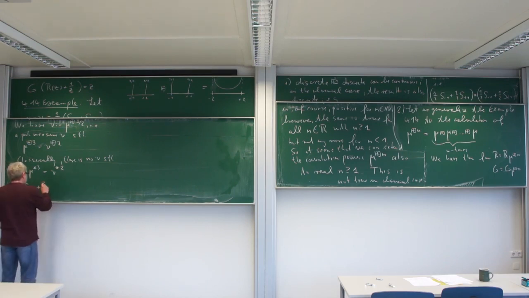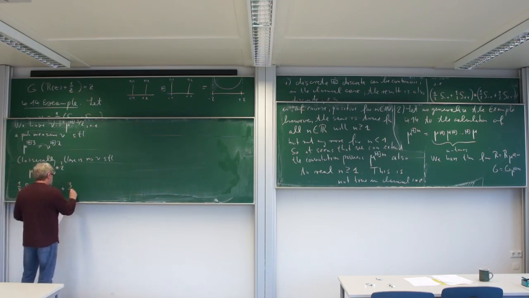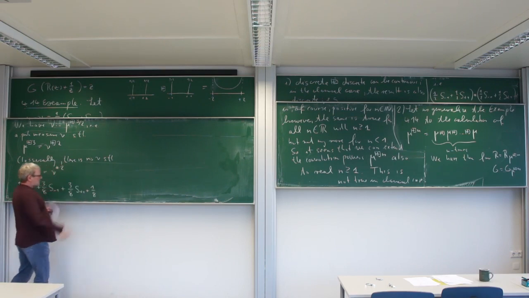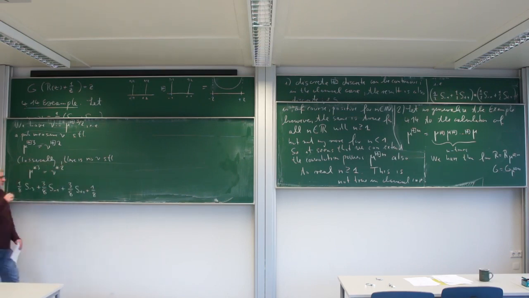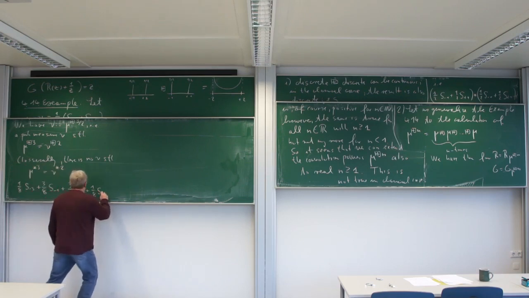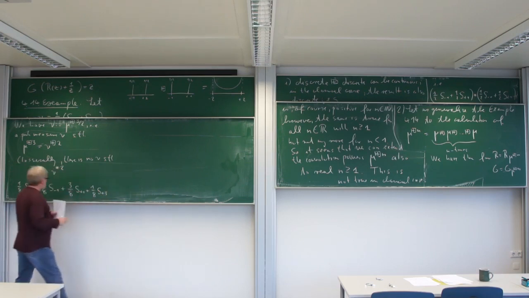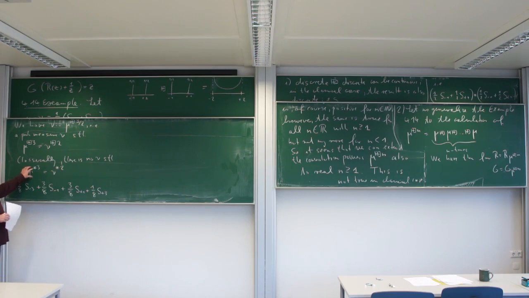So I have 3 over 8 delta minus 1, the same 3 over 8 for delta plus 1, and then I have 1/8 possibility for having all of them being plus 1, which in the sum gives plus 3. So this is the distribution of the sum of 3 of my variables, x1, x2, x3. Each of them is a Bernoulli, and they are independent.